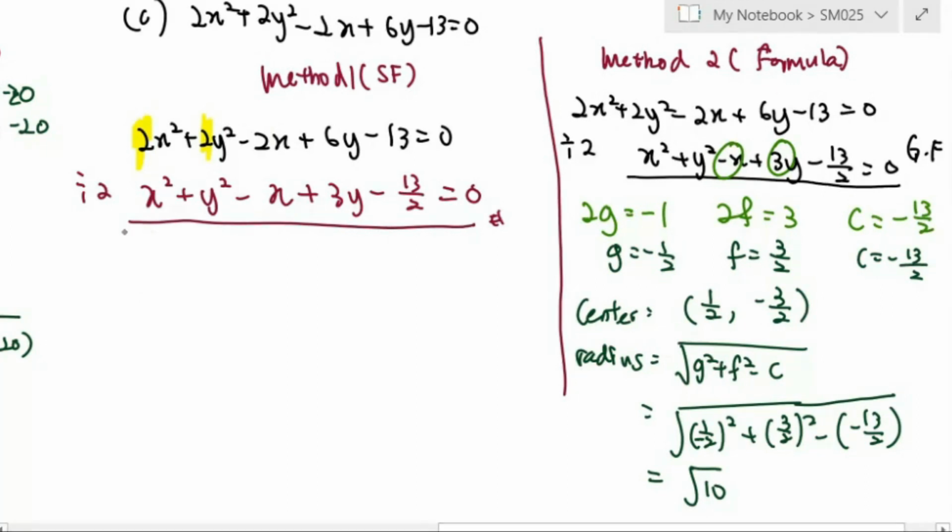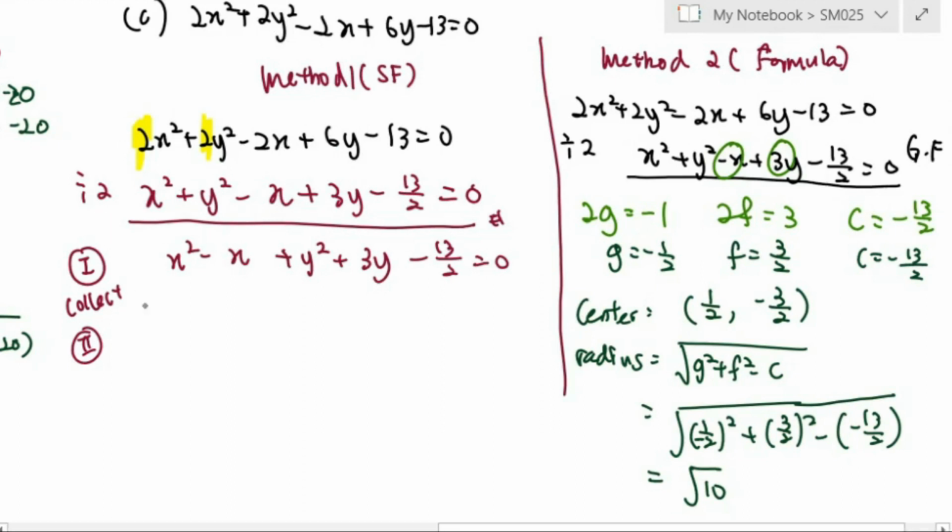In completing the square, the first step is we collect back our x, then our y, and let the number just sit here, then put back in brackets. So x squared, for the number here, will be divided by 2, so it will be a fraction. For this constant that we write, we have to minus back its square. So that will be our completing the square.